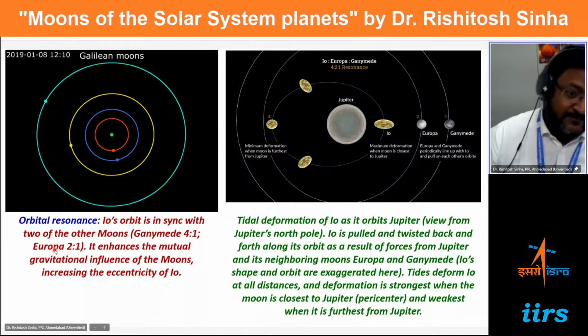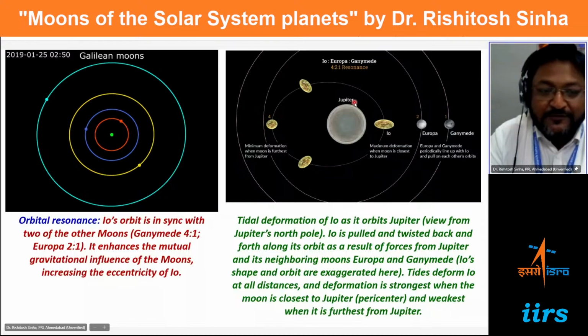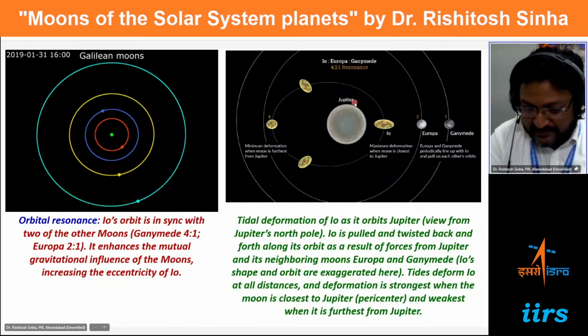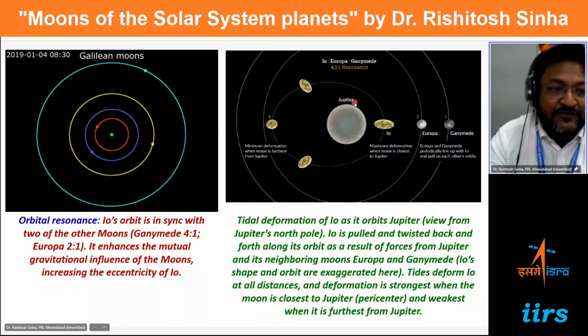Whereas with Europa, by the time it makes one orbit, Io makes 2 orbits around Jupiter. Because of this, there is always a sort of gravitational influence on the moons. Ganymede and Europa exert gravitational influence on Io.